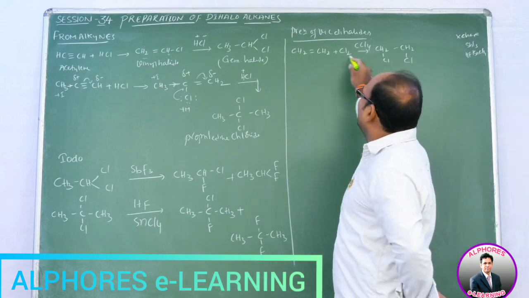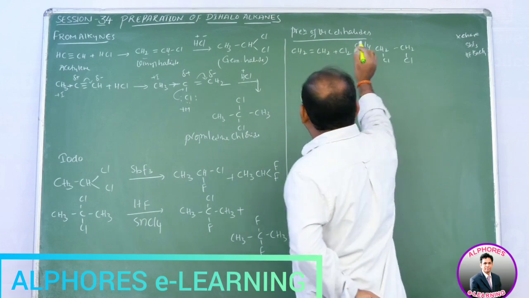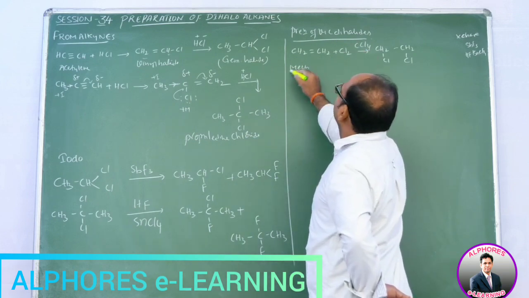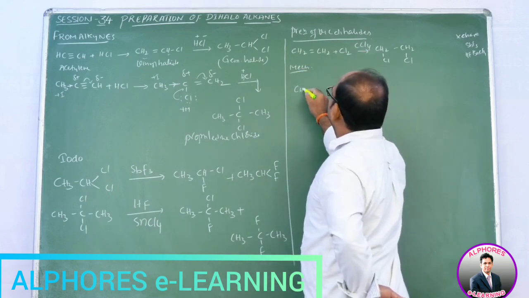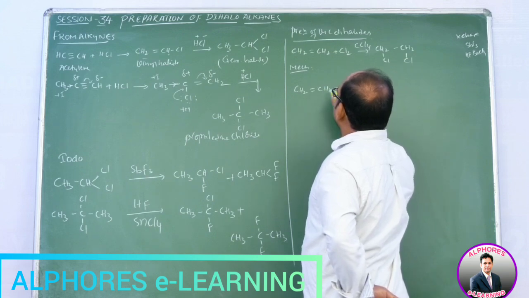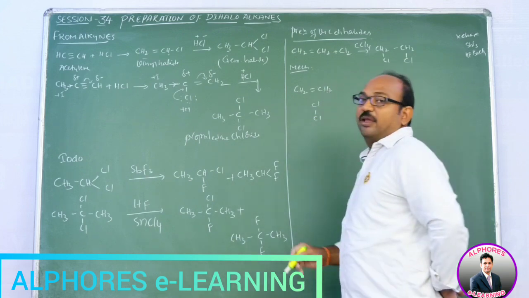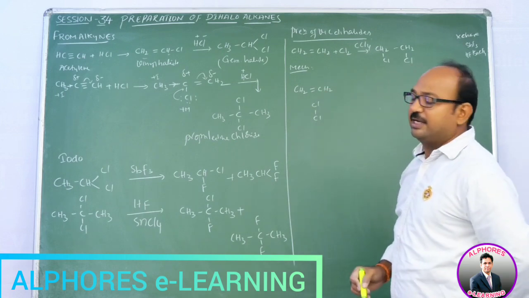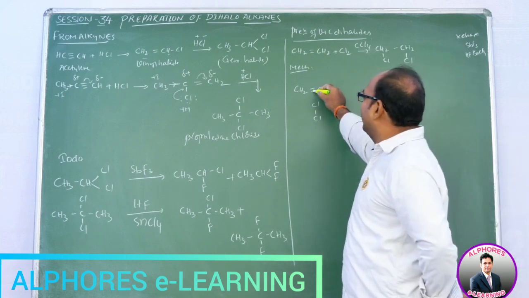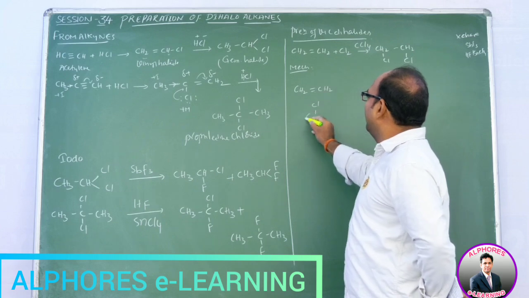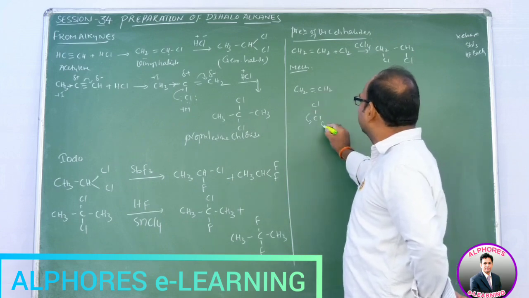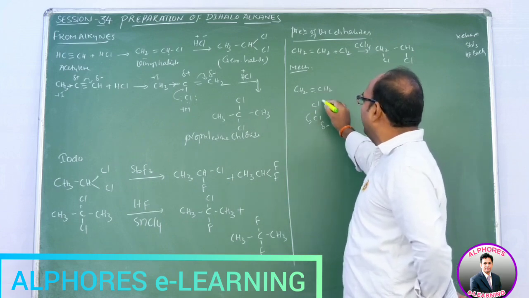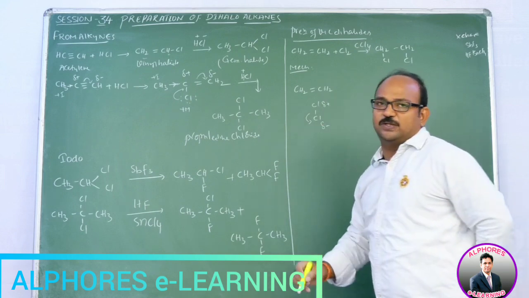What mechanism does it proceed by? It looks like an addition reaction. The mechanism proceeds like this: CH2=CH2 upon addition of chlorine. When this chlorine molecule approaches the pi bond center, obviously this center is an electron rich center. This will be repelled by the sigma bond, hence the sigma bond electrons go to this chlorine, and this chlorine acquires positive charge.